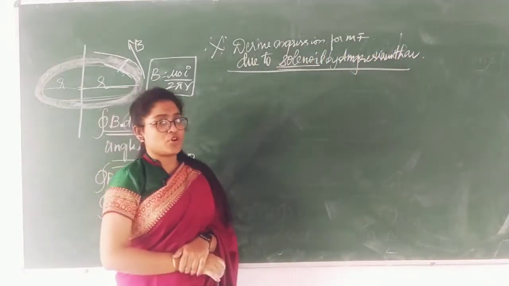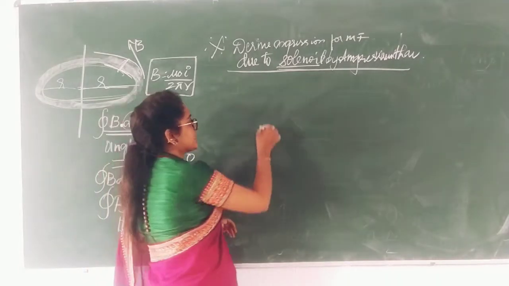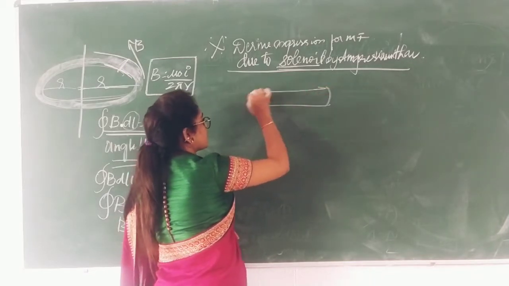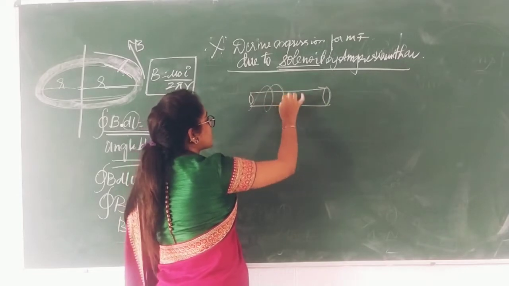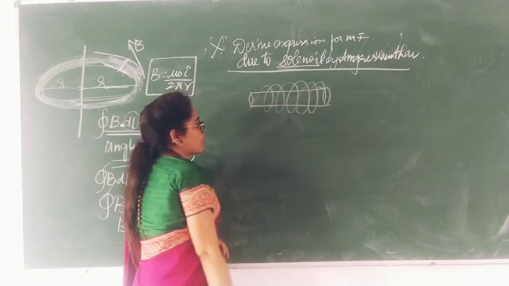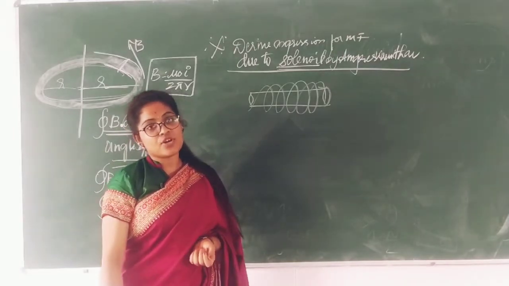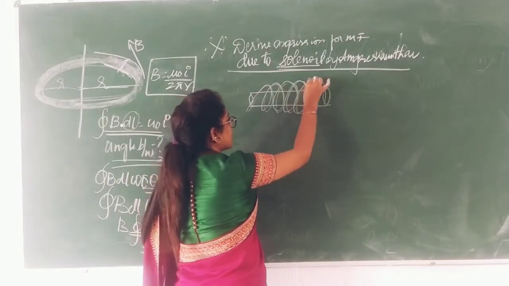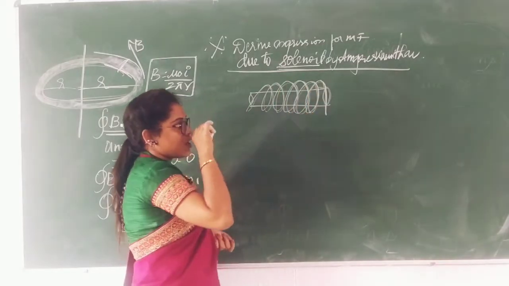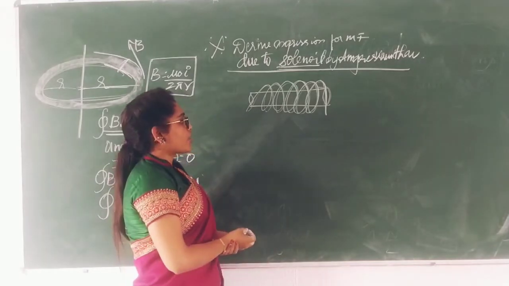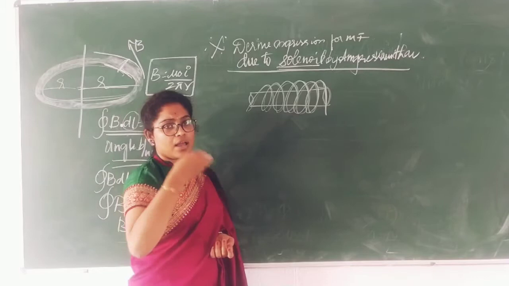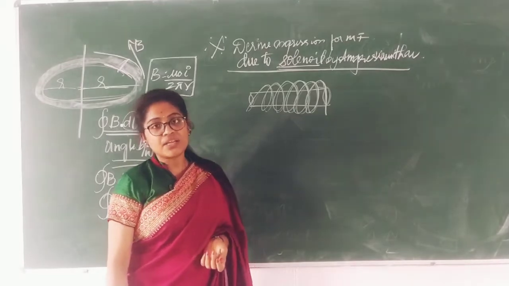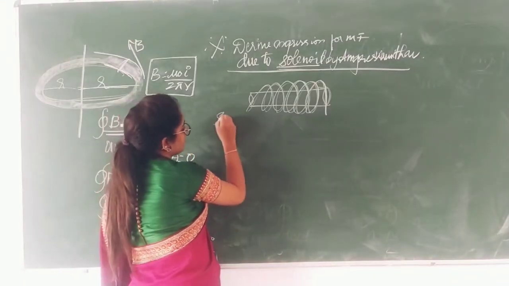Now, first of all, what is a solenoid? A solenoid is nothing but, see, if you consider a cylindrical coil or a conductor, with an insulated wire of n number of turns. That is nothing but your solenoid. When I wind a copper wire with n number of turns around a cylindrical coil, that is nothing but a solenoid. So let me write a definition for that.